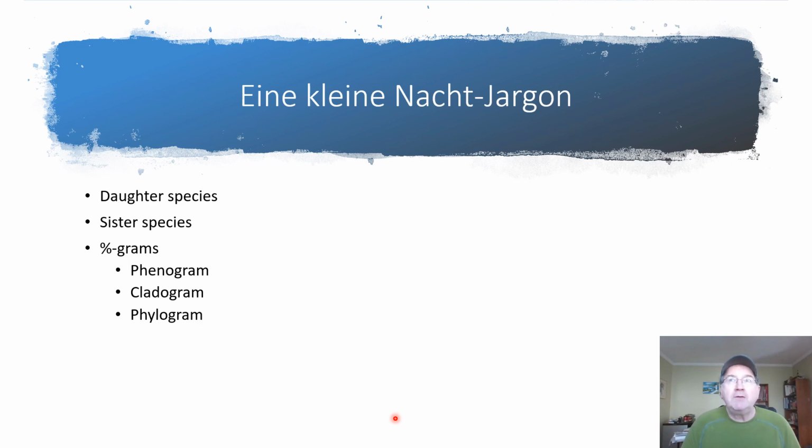So when I talk about daughter species, I'm talking about a situation in which you might have an ancestral species that split into two, and the two species that result from that split, from that speciation event, are daughter species. Don't ask me why they've chosen to add gender to the equation, but that's the way it is.